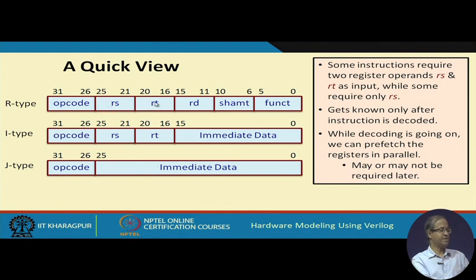The register numbers are already there, you access the register bank and prefetch them. But if later on you find that it is an I type instruction, then the second register that you have fetched, you will simply ignore it, only the first one will be used. This may or may not be used later.